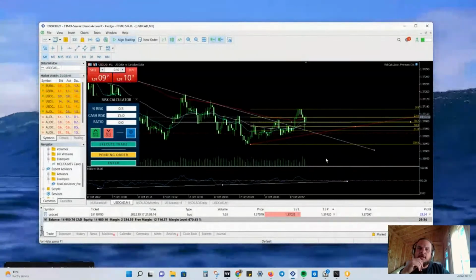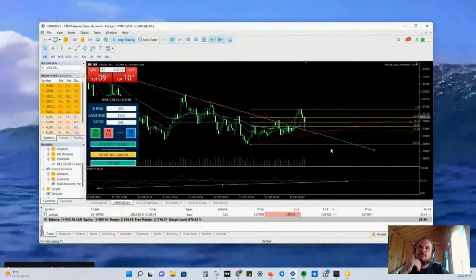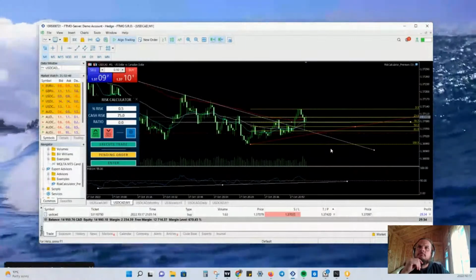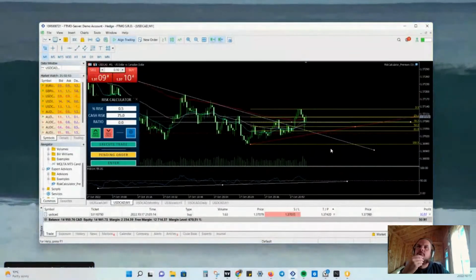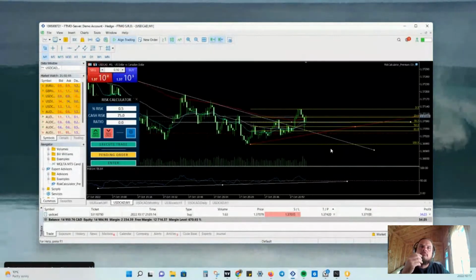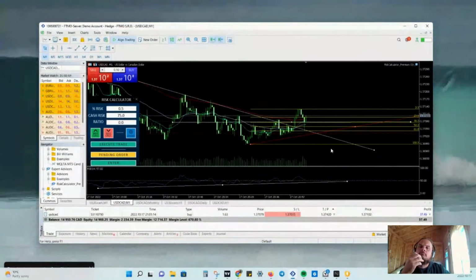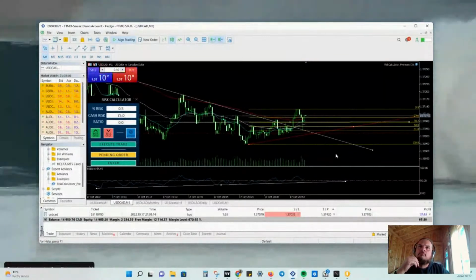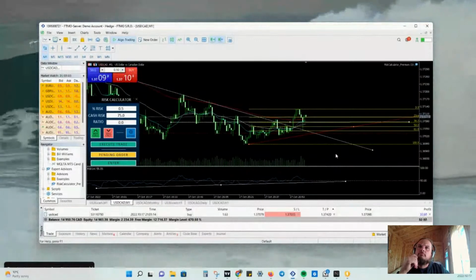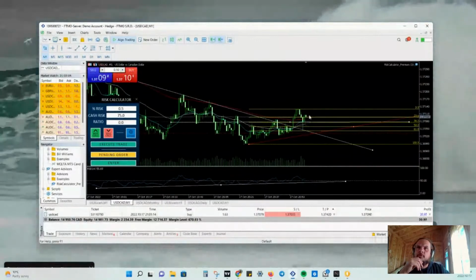This is a nice bullish candle here. 10 seconds till closing. Above the 3 moving averages.